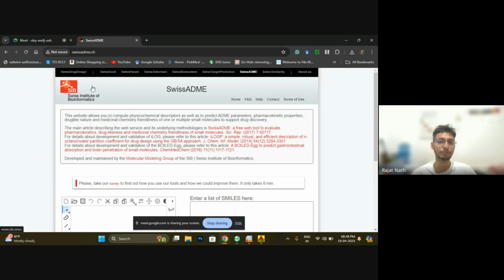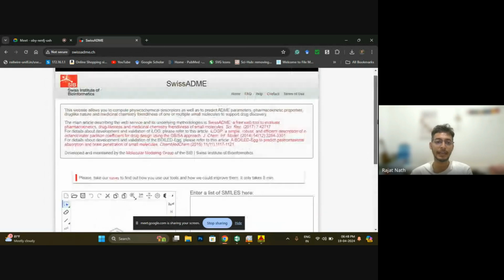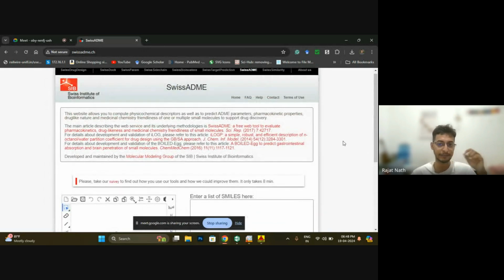Yesterday we used Swiss Target Prediction, which is also created and maintained by the Swiss Institute of Bioinformatics. If you want to know more about this ADME profiling, how these scores are calculated, and what the scores mean, you can open the three research papers they have mentioned here in red color.